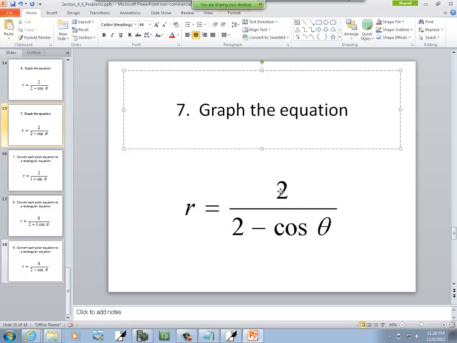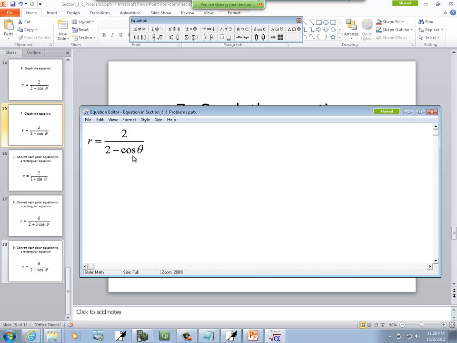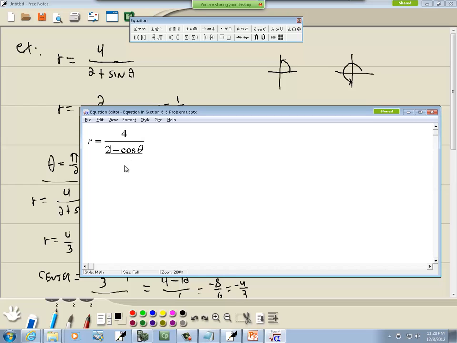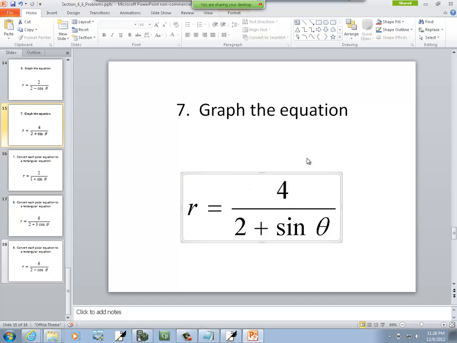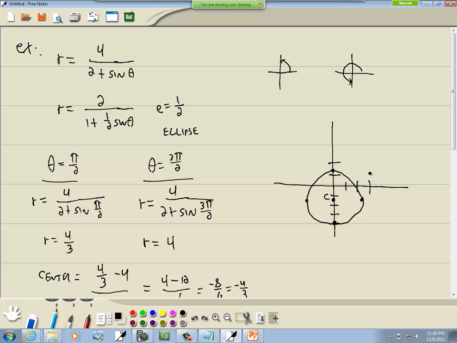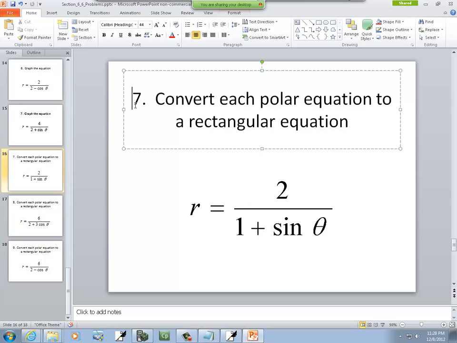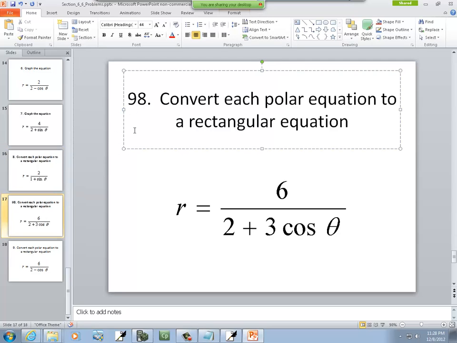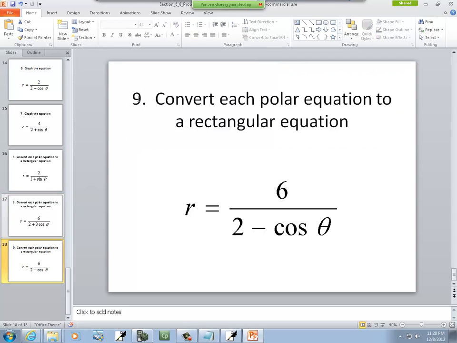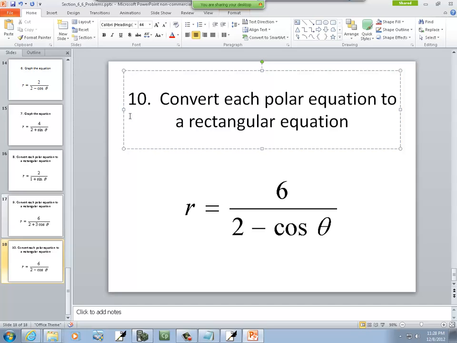And we got 4 over 2 plus sine. There we go. So 4 over 2 plus sine. And that means this one will be 8. I hadn't realized I didn't have any examples of that other way. Not that it's real tricky or anything, but I want to show one.